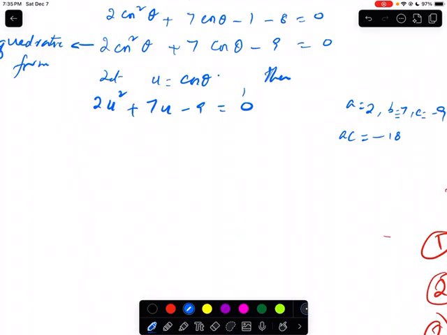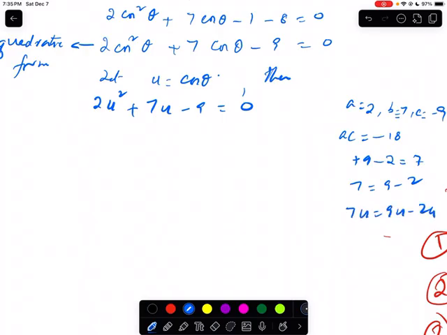So the factors I need are plus 9 and minus 2. So plus 9 minus 2 gives me 7. So I can write 7u as 9u minus 2u.